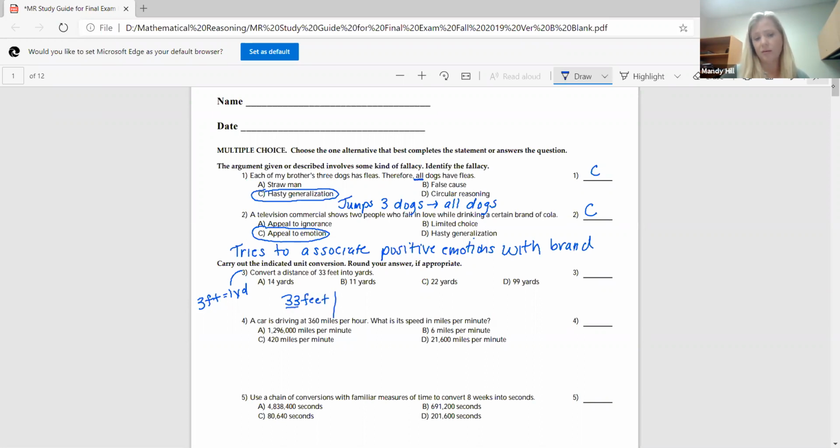Remember that we want the feet to cancel out, and we want our answer to end up being yards. So we would use this, but we would put the 3 feet on the bottom so that the feet cancel out. The 1 yard would go on the top, which is what we want as our answer. So to get the final result, we would want to do 33 divided by 3, which is going to give us 11 yards. So B would be the correct answer on that one.